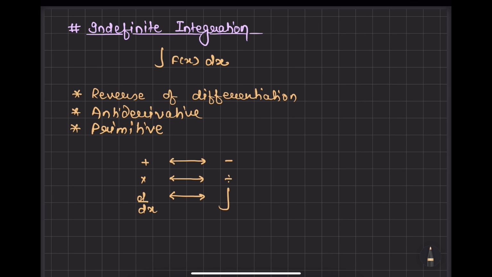Now, the things which you have studied in differentiation, like formulas and some results, you will be using those results over here. I used to give you a question and then you used to differentiate it to get the result. Now that result will be integrated to get the question.